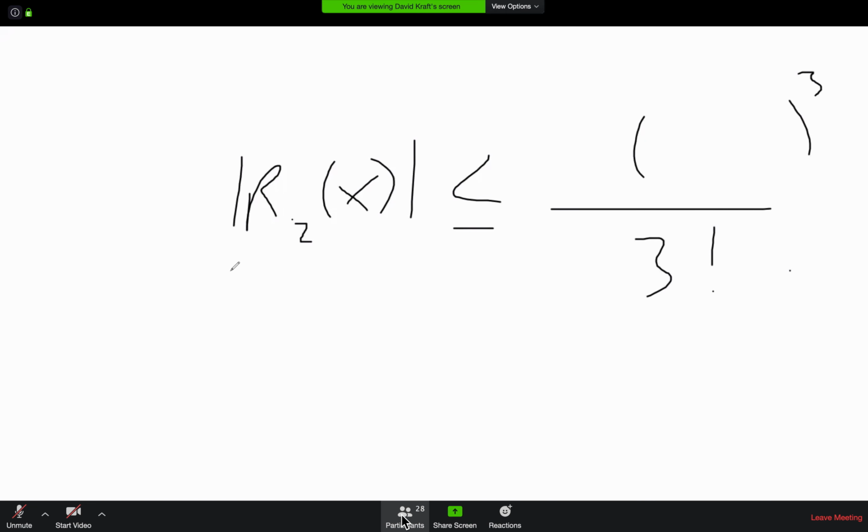I'm confused. Is it 2? Why 2? Because that's the maximum? Okay, so you're saying that 2 is the biggest thing in the interval?